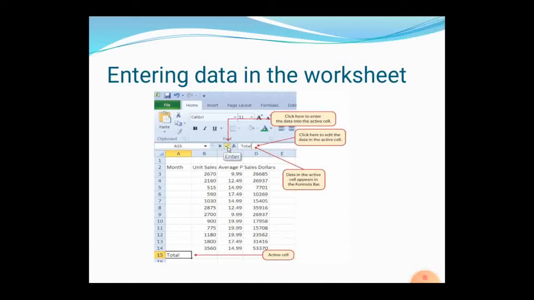Here it shows a small icon. Click here to enter the data into the active cell. What to enter will be typed over here, and when you type total here, you can see total being written in the active cell. This is the way to enter your data.